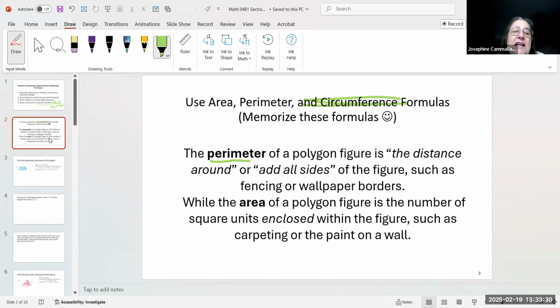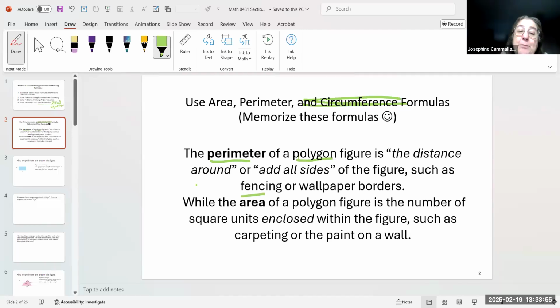And we have, in this case, the area and the perimeter of four-sided figures. We're talking about a polygon, which means the circumference, which is a round figure, is not a polygon. And when you talk about a polygon, the perimeter is the distance around, or add all the sides.